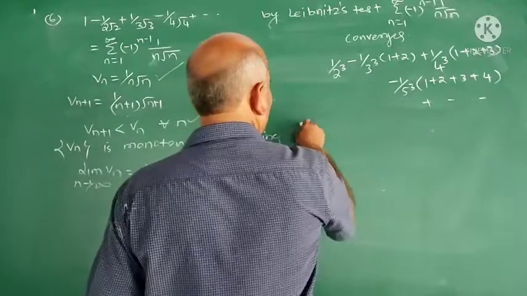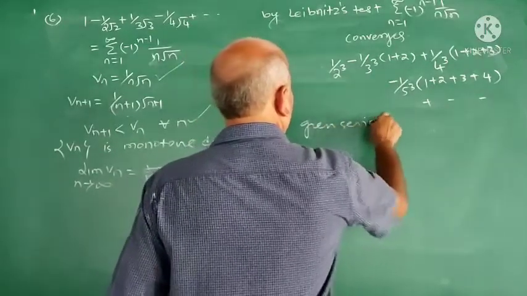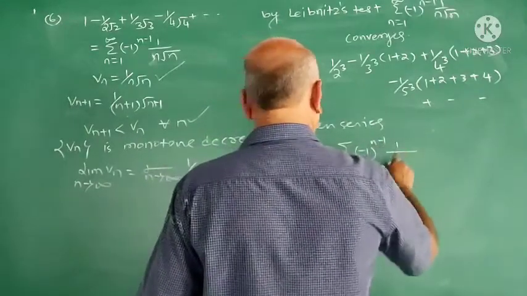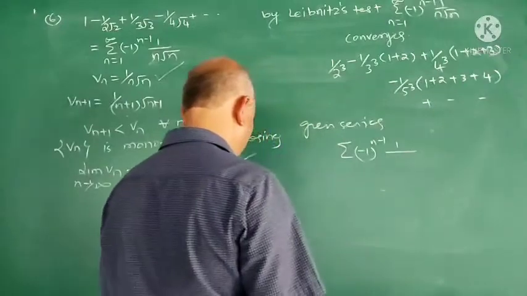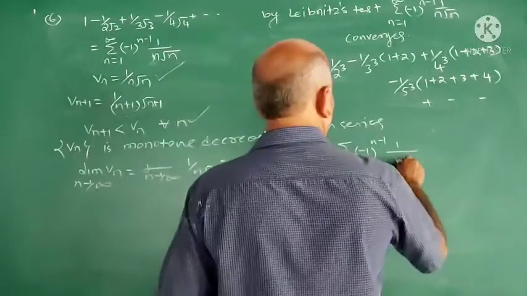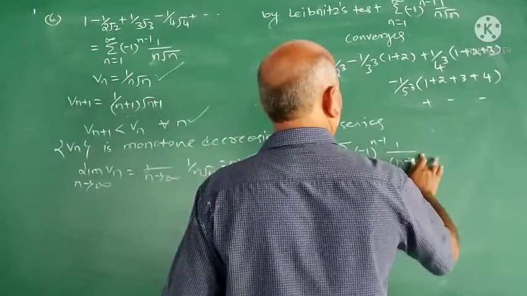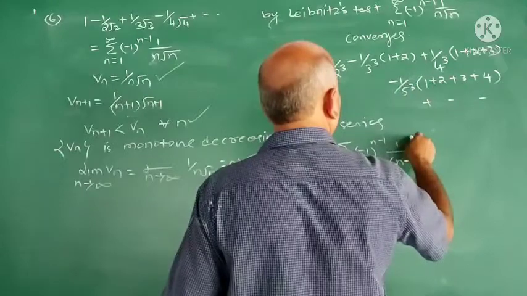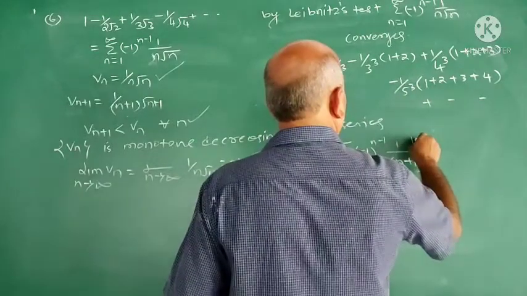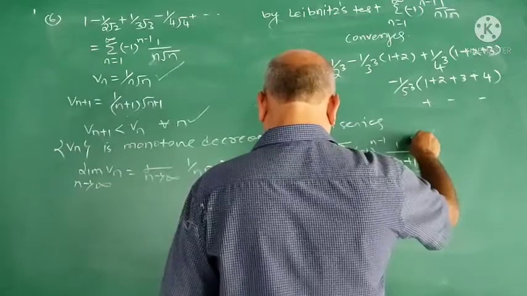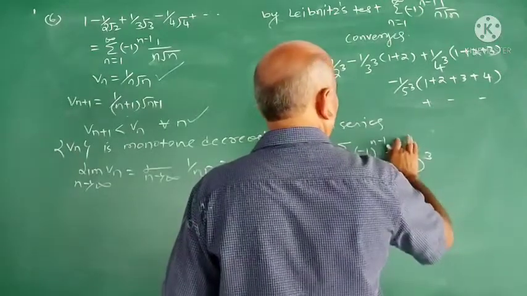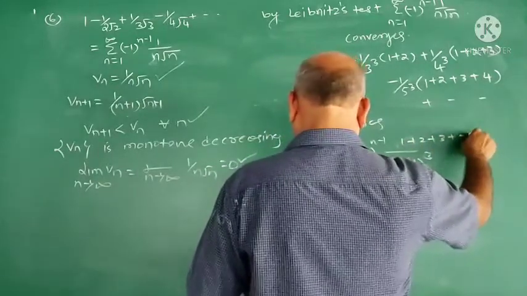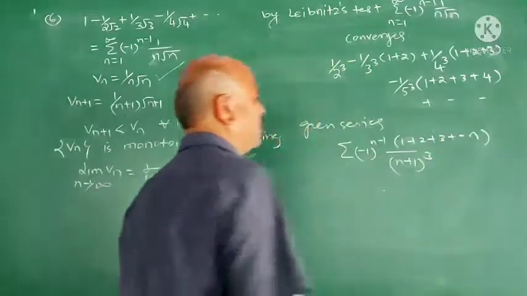We write this as given series is sigma minus 1 raised to n minus 1 1 upon n plus 1 whole cube into 1 plus 2 plus 3 plus etc. plus n.